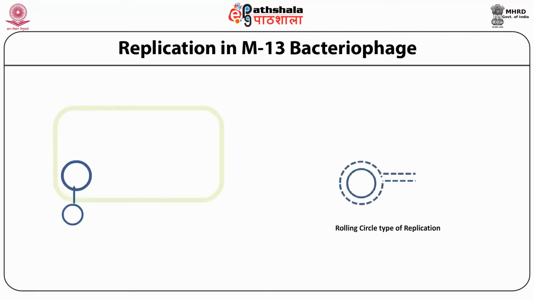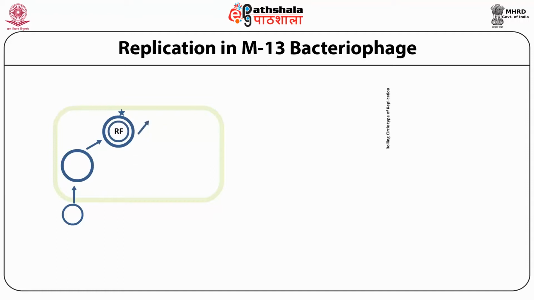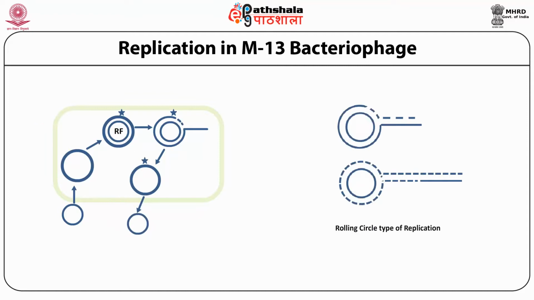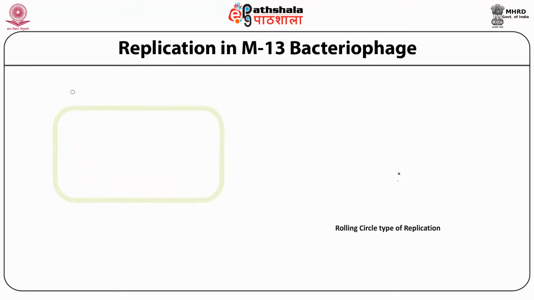The rolling circle DNA replication is initiated by an initiator protein encoded by bacteriophage DNA, which nicks one strand of the double-stranded circular DNA molecule at a site called the double strand origin or DSO. The initiator protein remains bound to the 5' phosphate end of the nicked strand.